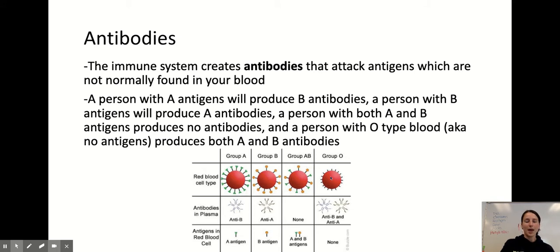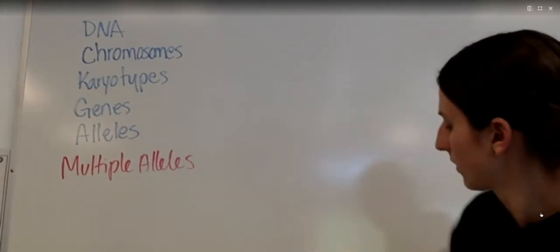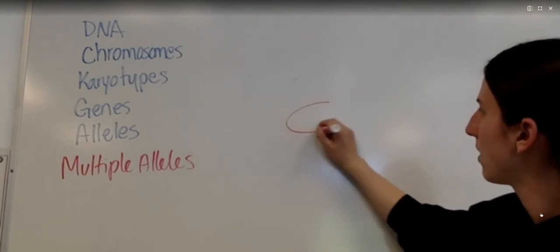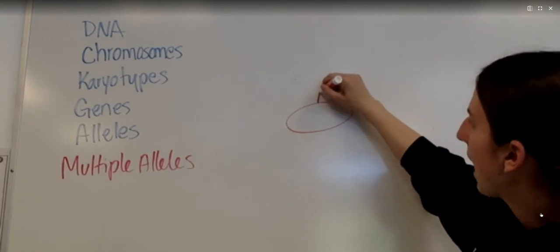All right, so antibodies and antigens are two words that we're going to use a lot. Antibodies actually attack antigens that are not normally found in your blood. So say you are a person who's got a red blood cell and you've got A antigens on them.